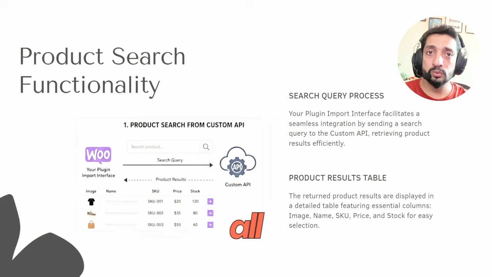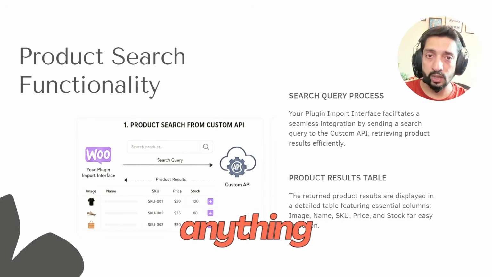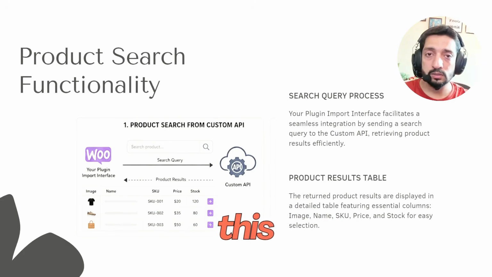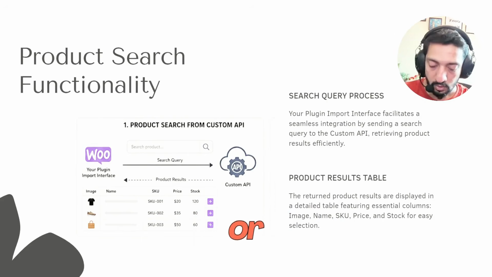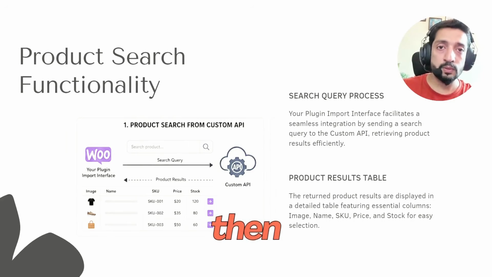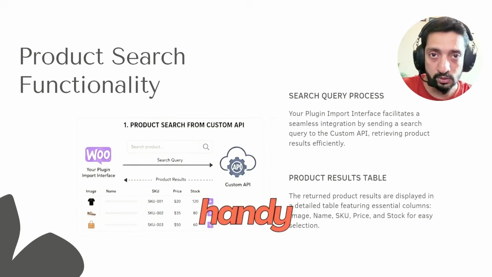But if you want to import all the products regardless of anything, then I think this interface is not required. This interface will be required if you want to search any custom products. If in your external API there are millions of products and you just want to import a few of them, not all of them, then this functionality comes in handy.